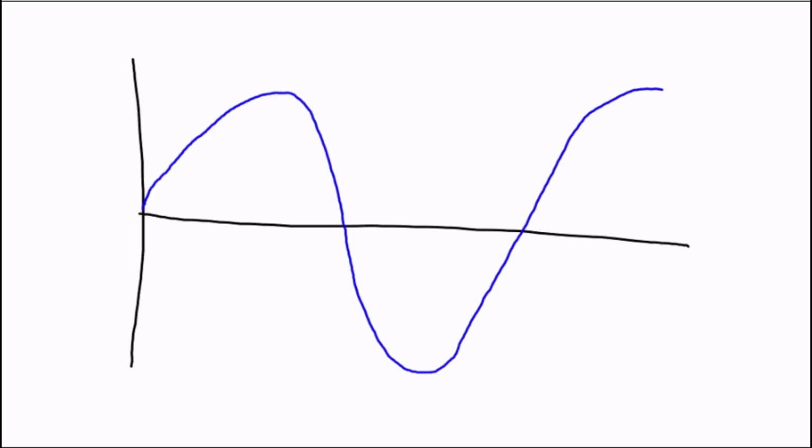It's important to note here that we're talking about AC power, because in a DC circuit, the voltage and the current are always in phase. So in the AC circuit, let's say that this blue is our voltage, and let's say that this red is our current.